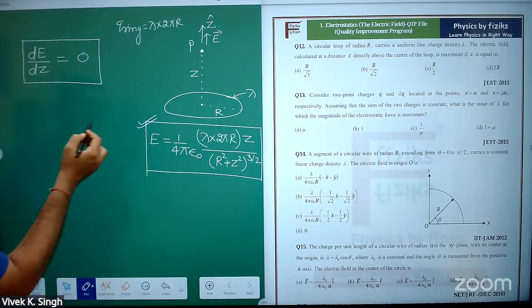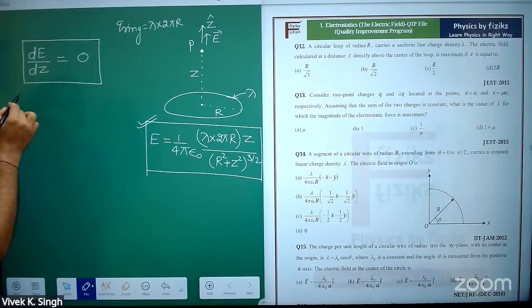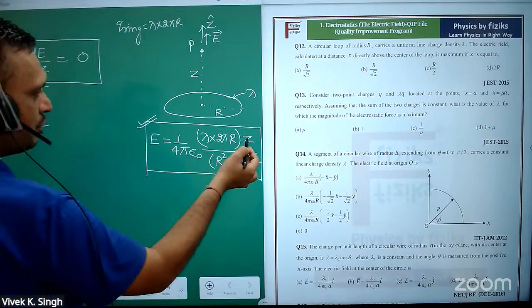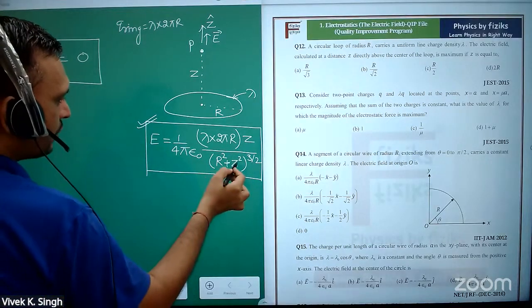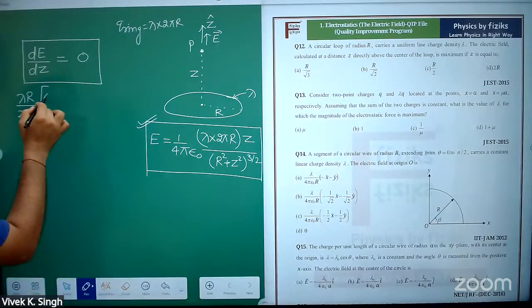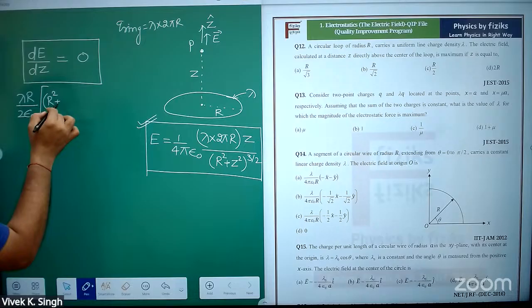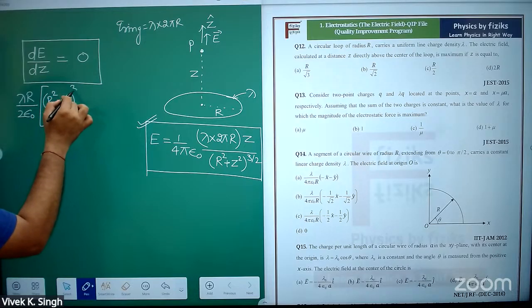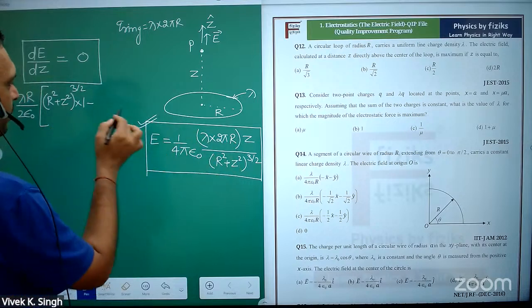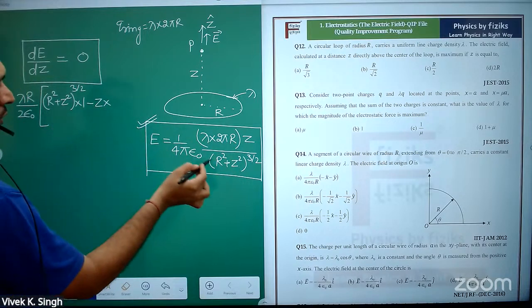Take the constant here. The constant value is lambda r by 2 epsilon naught, which is common. Now differentiate: the numerator is z, the denominator is r square plus z square power 3 by 2. So the denominator times the differential of the numerator, minus the numerator times the differential of the denominator.